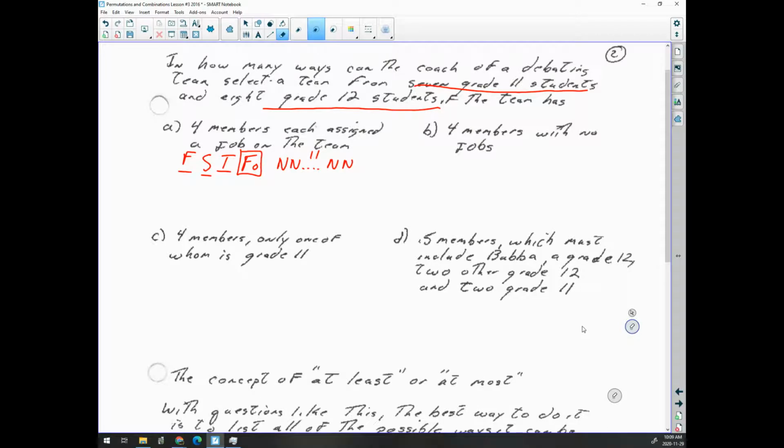The grade 8 or grade 11, grade 12 students don't matter in this situation because the question just says four people assigned. We don't have to worry about grade 8, grade 11, and grade 12. So here we have our 15 objects. 11 of them are not on the committee, so 11 ends.